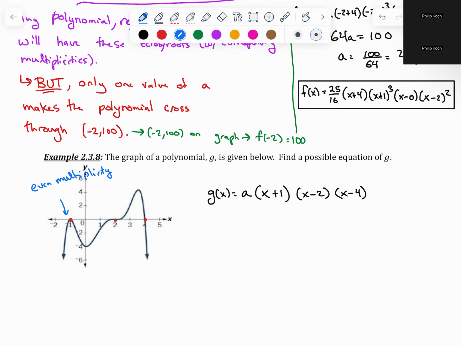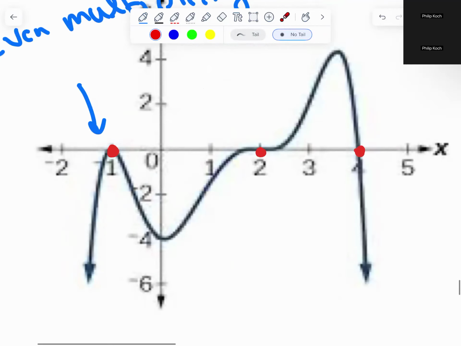Now, here's the reason why it says possible. Without giving more information about this function, there's no way to know whether, we know it's even, but we don't know if it's 2 or 4 or 10 or 2000. Generally speaking, you can guesstimate that it's probably going to be 2. It's not very jagged there. It's pretty smooth on both sides.